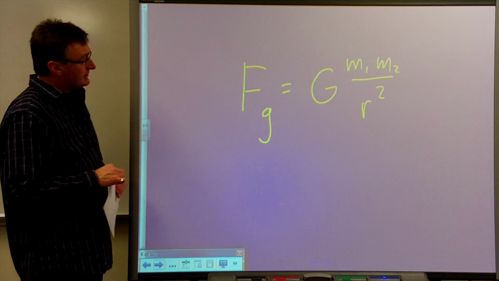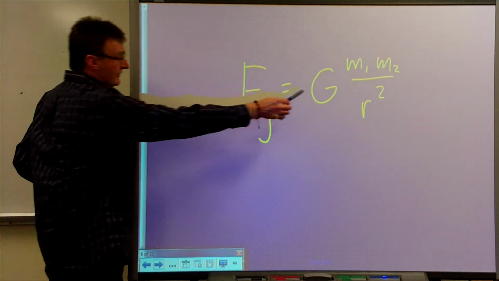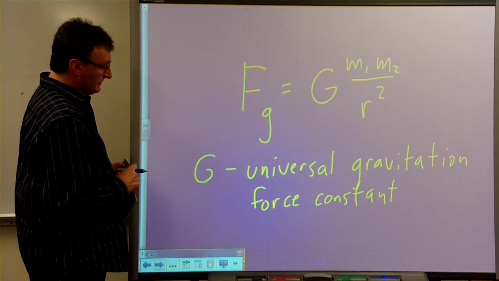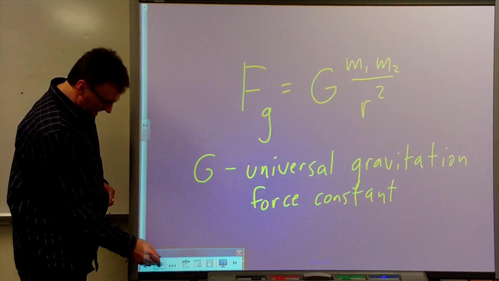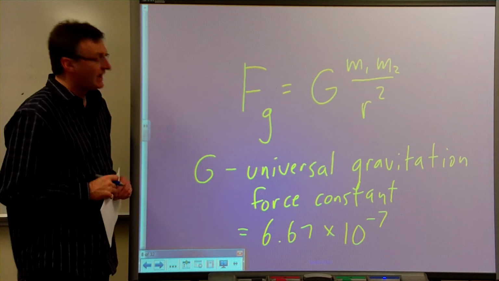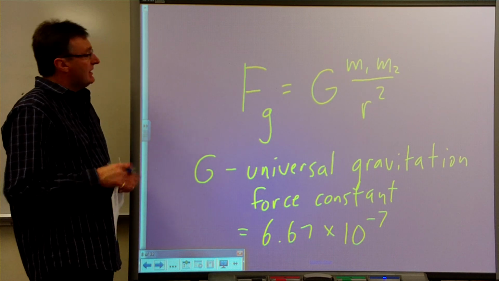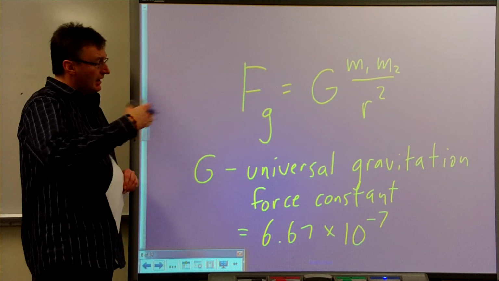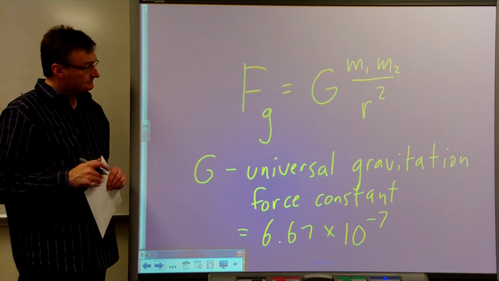From there, it was determined that the universal gravitation constant turned out to be 6.67 times 10 to the minus 7. So here is our formula for the force of gravity that was worked out by experimentation.